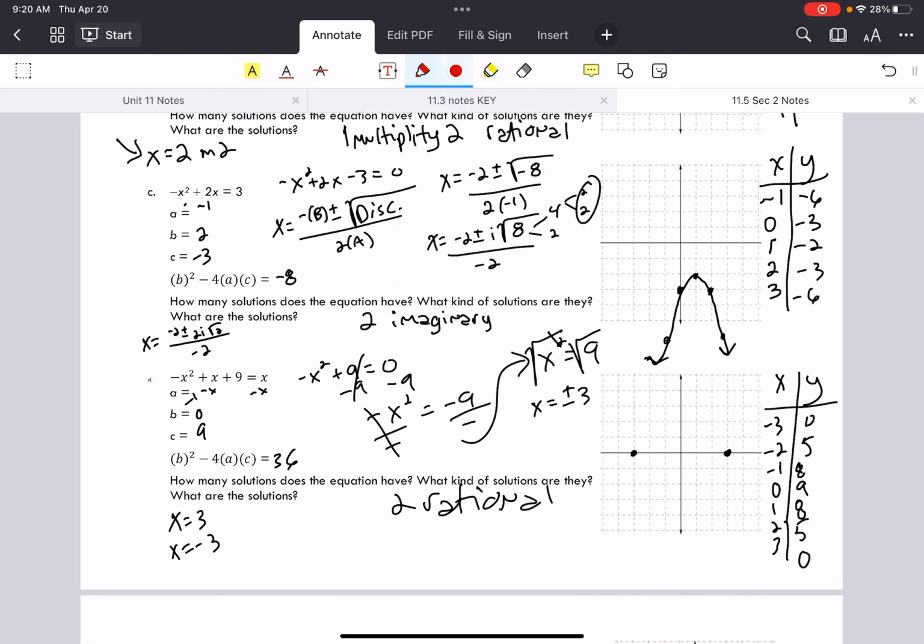I'm doing a different color because I have to go way up here for some of these.